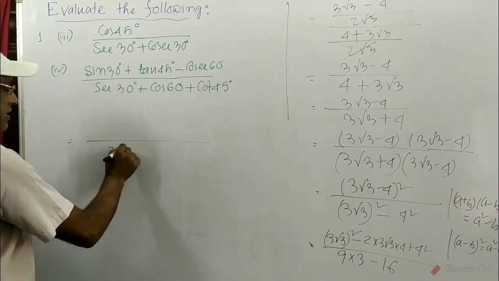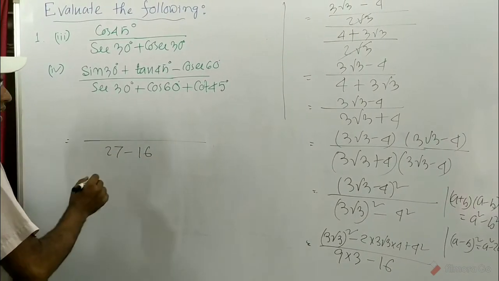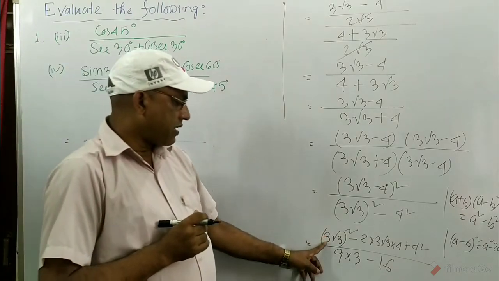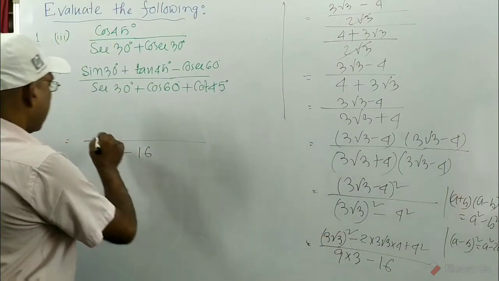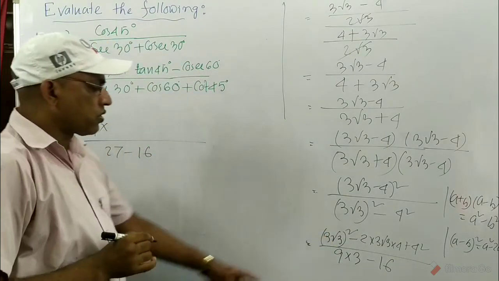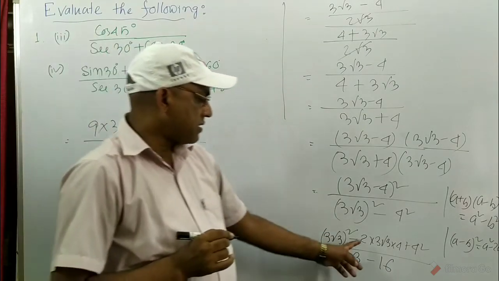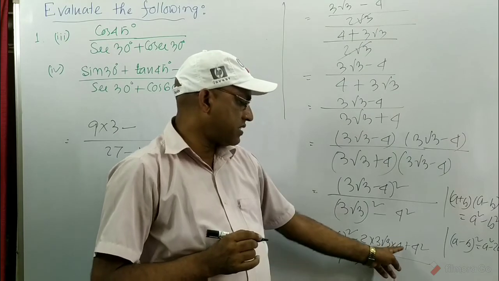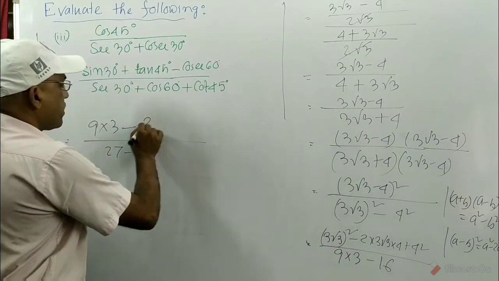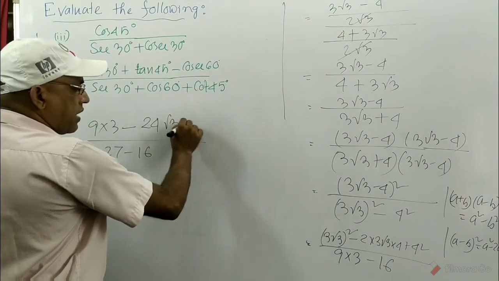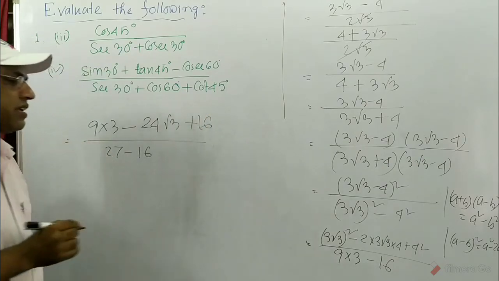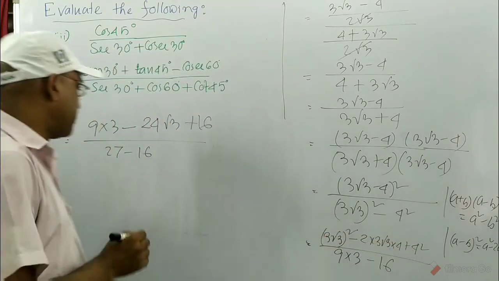So this is 27 minus 16, and here we get 3 square means 9 into root 3 square is 3, minus 2 into 3 is 6, 6 into 4 is 24, 24 root 3, plus 16. This is 4 square means 16.